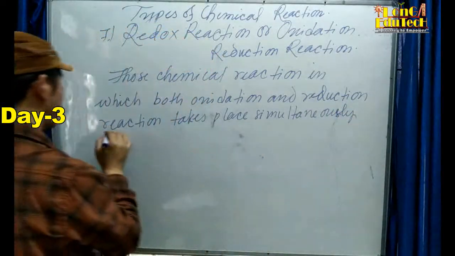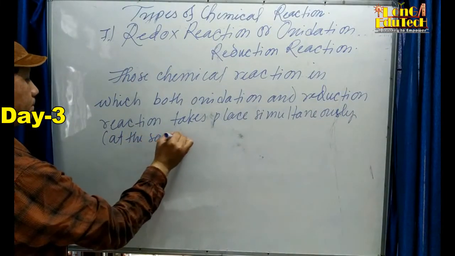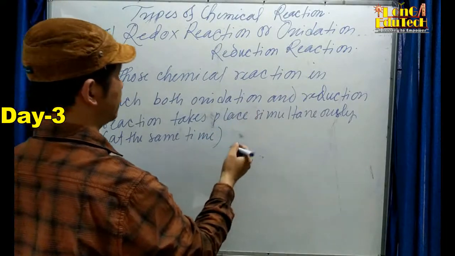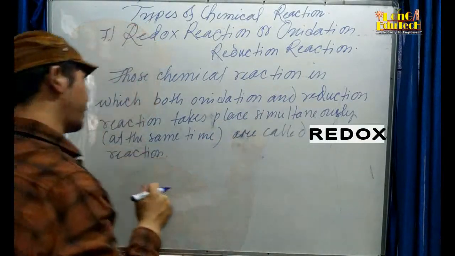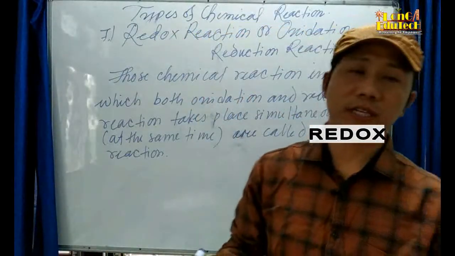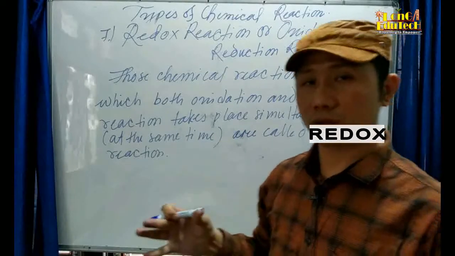Simultaneously means what? That is, at the same time. So in these reactions, both the oxidation and the reduction reactions are going to take place simultaneously. That is, at the same time, both oxidation and reduction will take place.